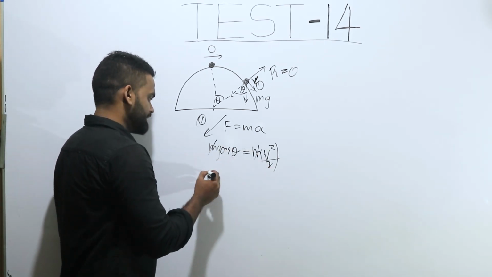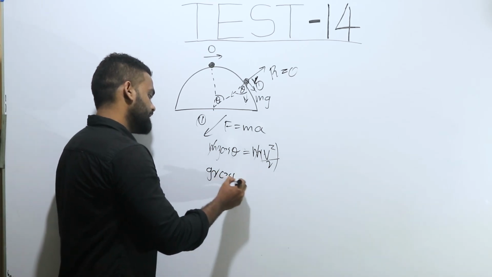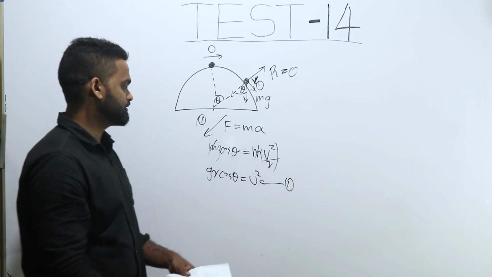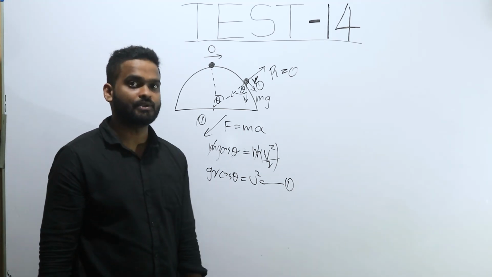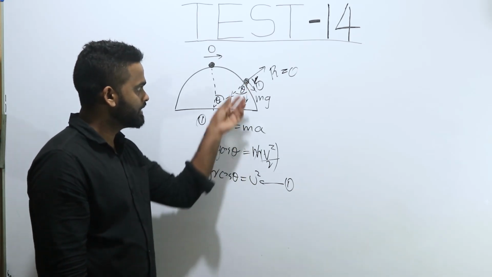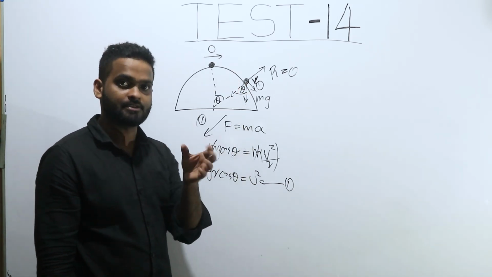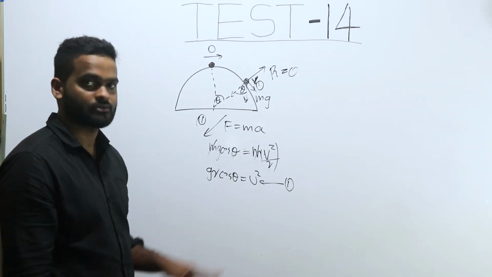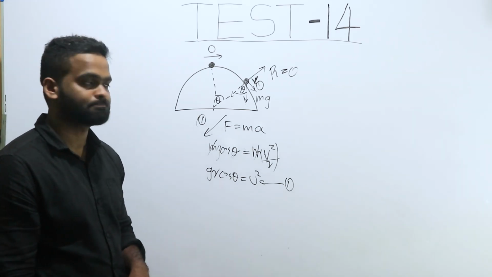I'll put r here. Then this becomes gr cos theta. Now I have a combination. gr cos theta equals v squared. So this is the velocity that this object has as it loses contact.